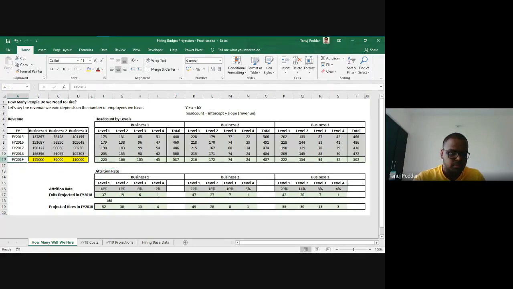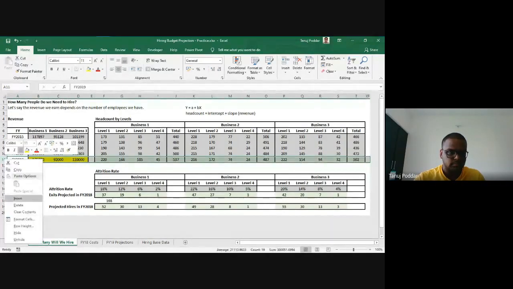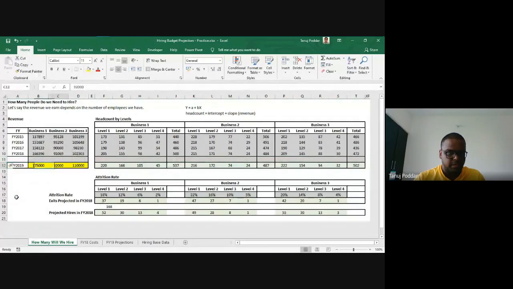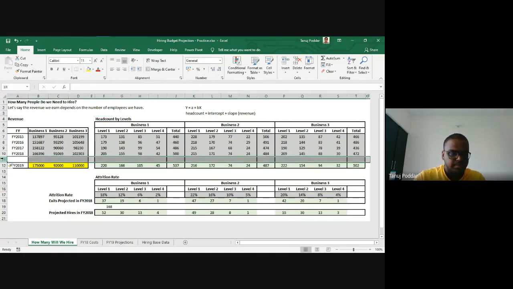So before we get into 2019, we can include a column which says, actually it will be a little tricky to do it here, but say I have level-wise promotions. I'll probably include 2 columns, right?